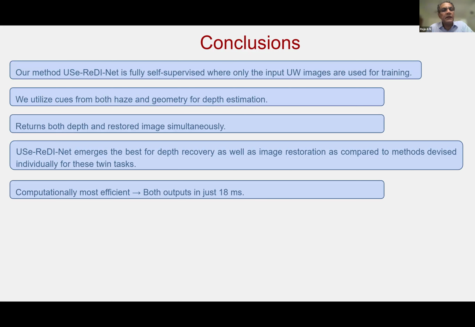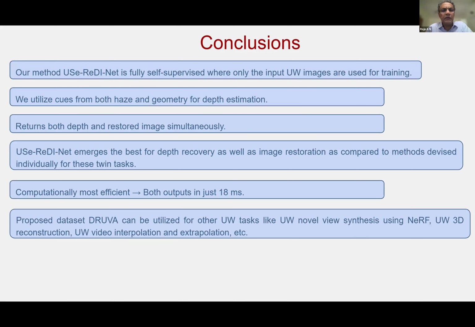Our network, which we call ReadyNet, emerges to be the best for depth recovery as well as restoration, when we compared it with a bunch of techniques, each one tailored for depth or for image. It even outperforms methods tailored for these individual tasks. It is computationally very efficient, at 18 milliseconds per frame. And in the process, we also proposed a dataset, DRUVA, which is now available and is being used by more than 100 researchers worldwide.